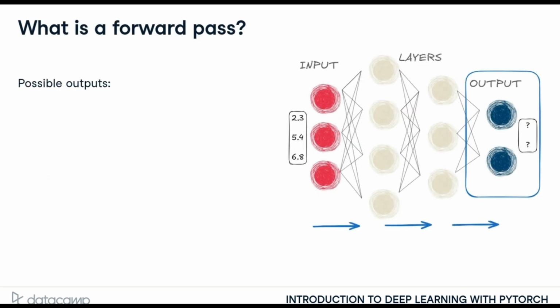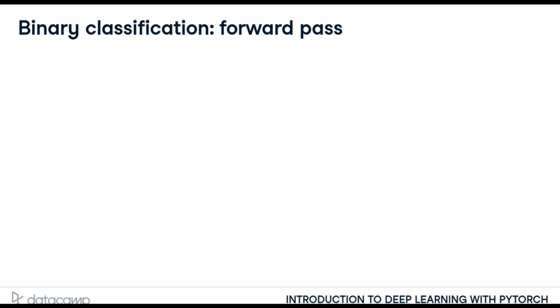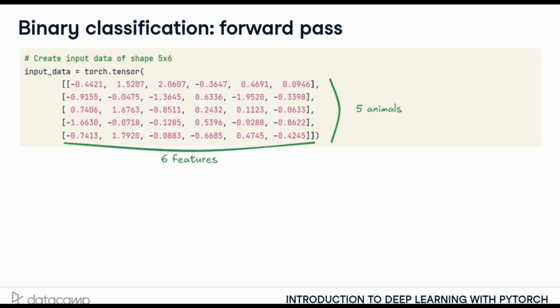The final output can be binary classifications, multi-class classifications, or numerical predictions, regressions. We'll look at an example for each. Say we have input data of 5 animals with 6 features or neurons per data point.